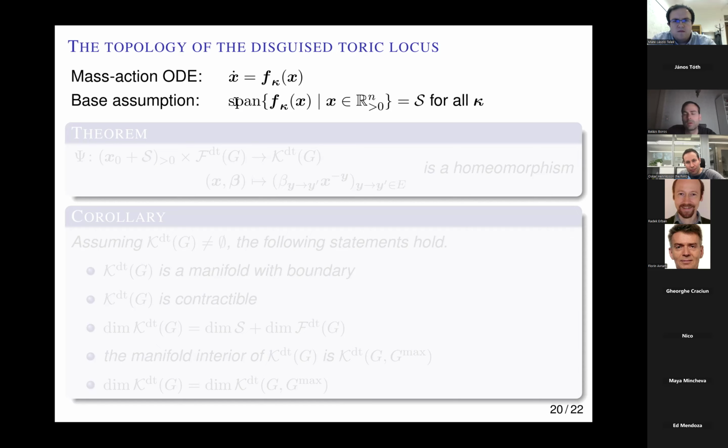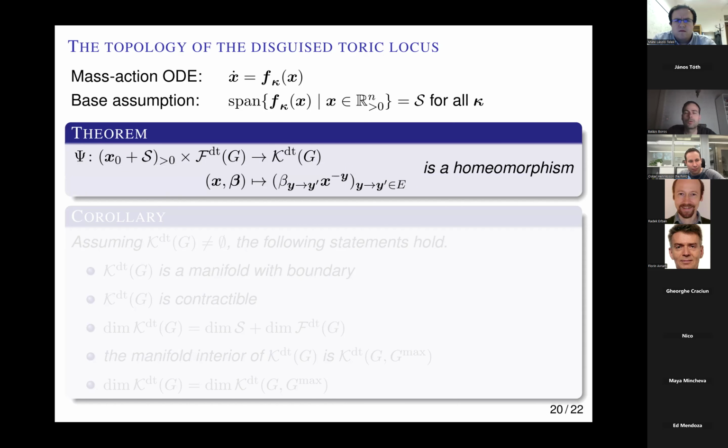So we do have a technical assumption, which is that the kinetic subspace equals the stoichiometric subspace for all rate constants. Let's not go into that. It's hard to check in general, but there's a large class of networks where we do know, for example, for weakly reversible networks, this is satisfied.